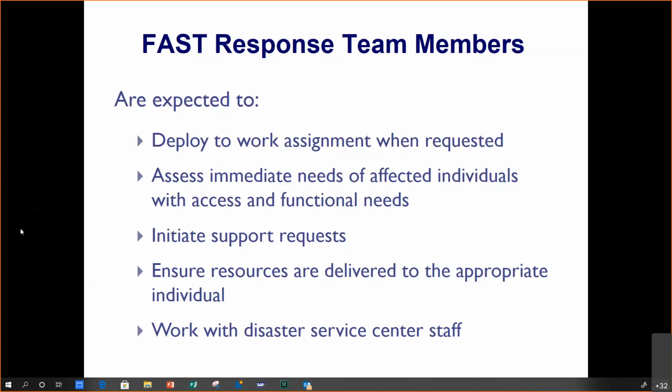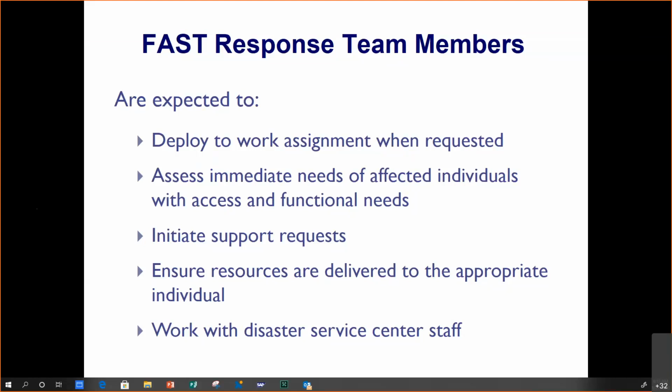Once you're at the shelter, you will make contact with the shelter team lead or the FAST member team lead and make sure they understand that you're there. And then you'll assess immediate needs of affected individuals. And then you'll initiate the support request, and we'll go over how to do that later in this presentation. And then ensure, again, the resources are delivered to the appropriate individual.